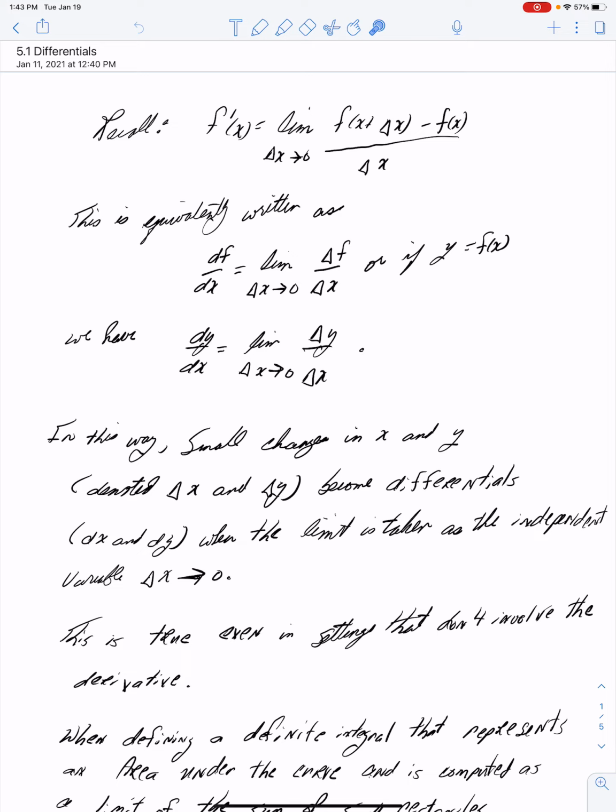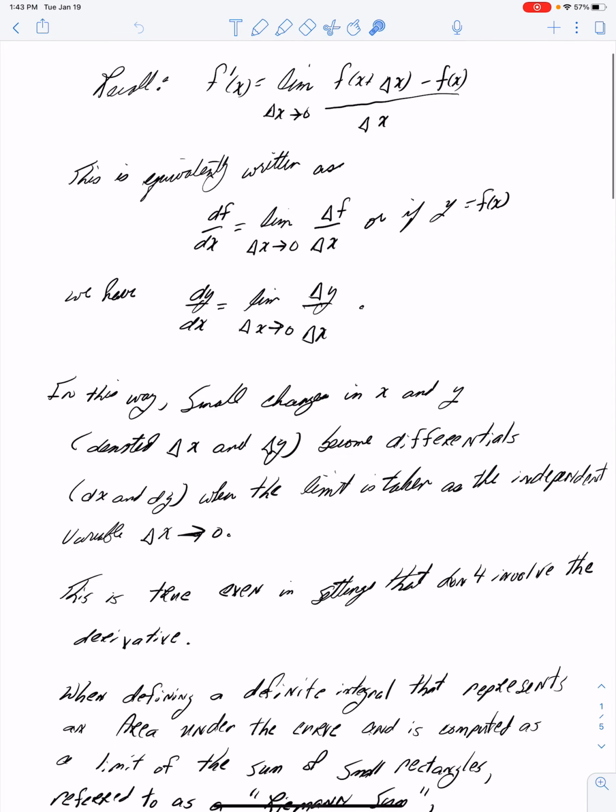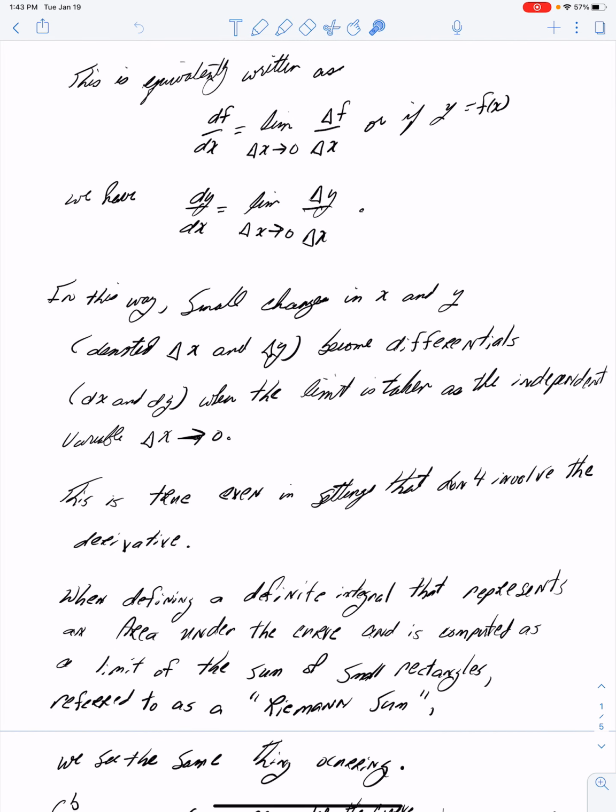So the point is, we can think of df dx as a limit as delta x tends to 0 of delta f, change in f, over delta x, change in x. Equivalently, if y is f of x, then this is just delta y over delta x, limit as delta x tends to 0.